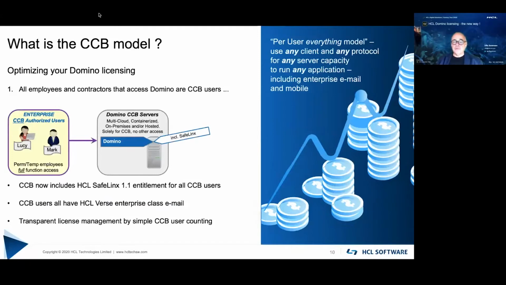Very simple. Employees, contractors, anyone working for the enterprise, they must be licensed as CCB users. This is the model that we're going to pursue for all new customers, and for gradually transitioning existing customers to this model.